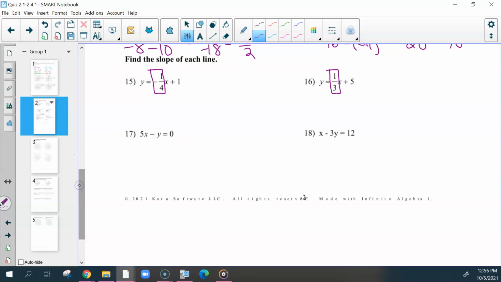For 17 and 18, you cannot assume that 5 and 1 are our slopes for these. We need to solve them. So for 15, you could have either subtracted 5x, since this is 0, or added y, either or. I'm going to subtract because if you did this one, that's what most of you did. And then divide both sides by -1.